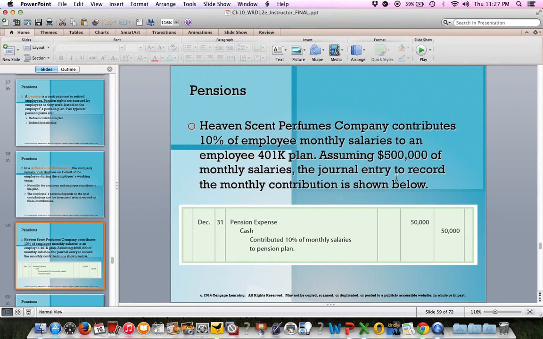With the 401k, typically what's happening is there's a match, and what they're saying here is Heaven Scent is going to do a 10% match. They contribute 10% of employee monthly salaries to an employee 401k, and so that money is put into every employee's account that received the match. And when we make that contribution, we debit expense, credit cash.